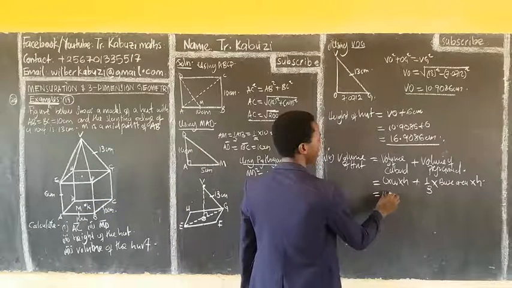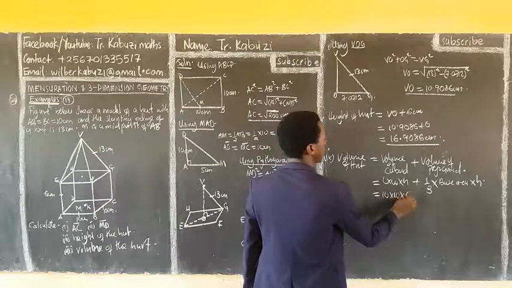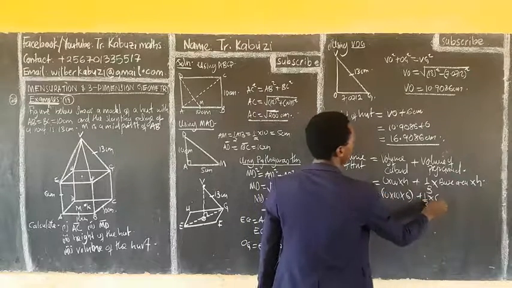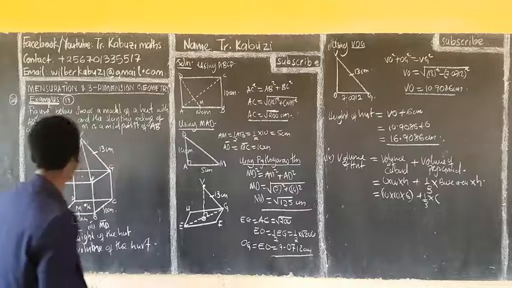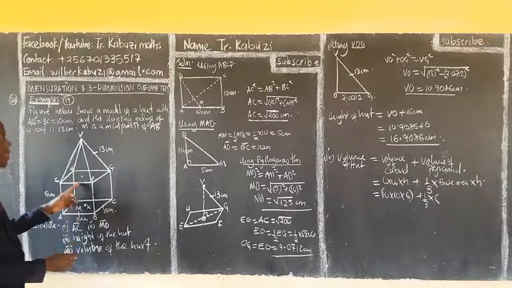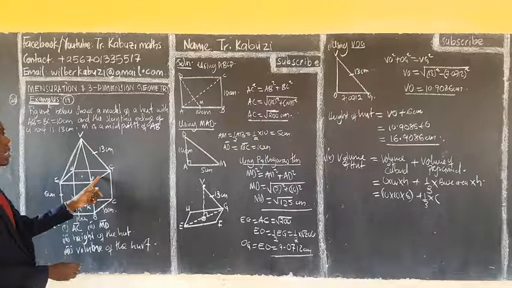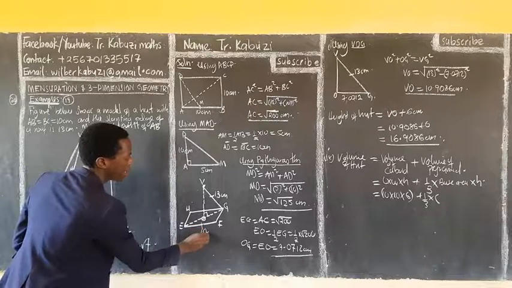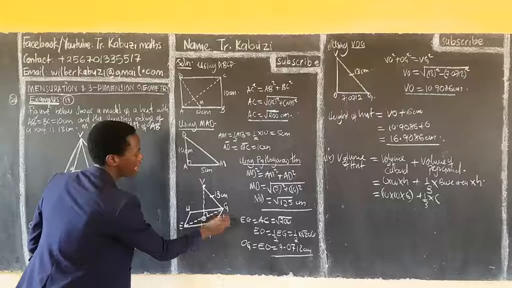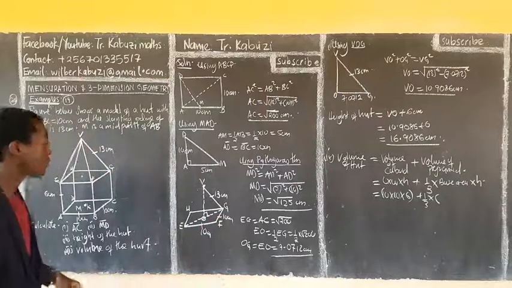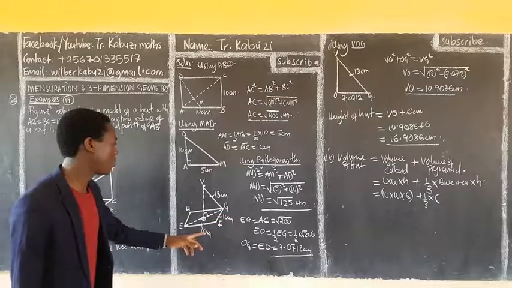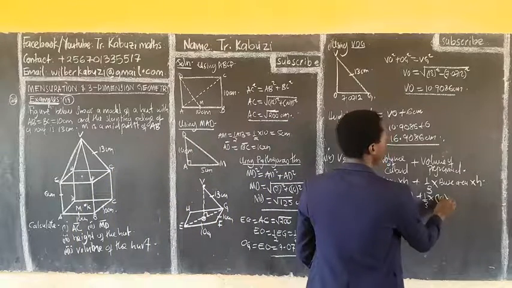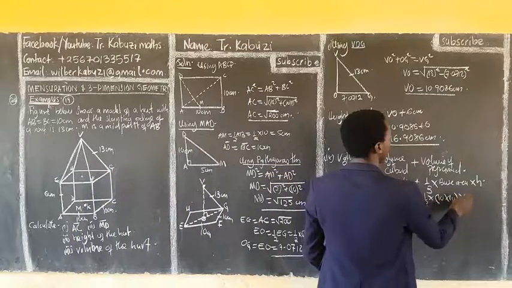We have 10 times 10 times 6. Then plus a third times the base area. Now the base area, you know that also this one is going to be 10, and this one is also going to be 10. So now, if I try now to get the base area of this pyramid, I have now 10 times 10, then times the height.